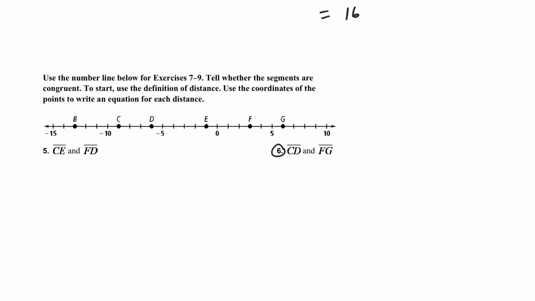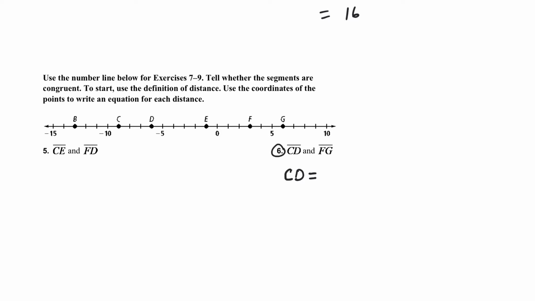So number 6, it says, tell whether the segments are congruent. To start, use the definition of distance. Use the coordinates of the points to write an equation for each distance. So we have C to D, and we got to find that distance.